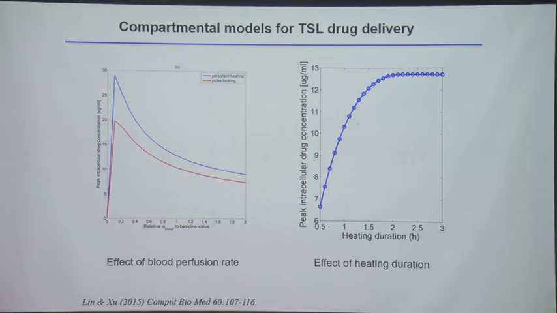So this also gives us some guidance: if this particular type of nanoparticle drug carrier should be adopted in the actual treatment, then this kind of model could help understand or design the treatment protocol.